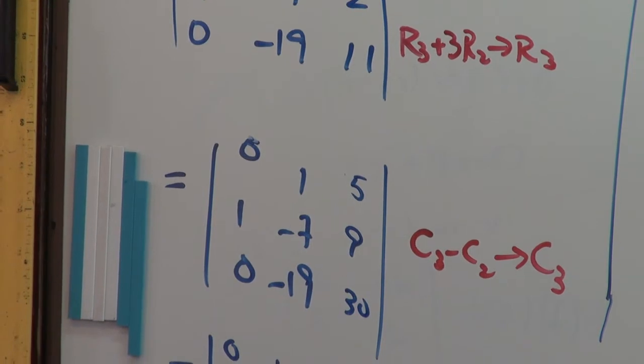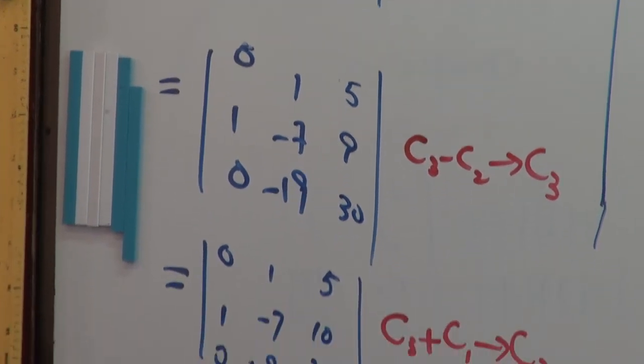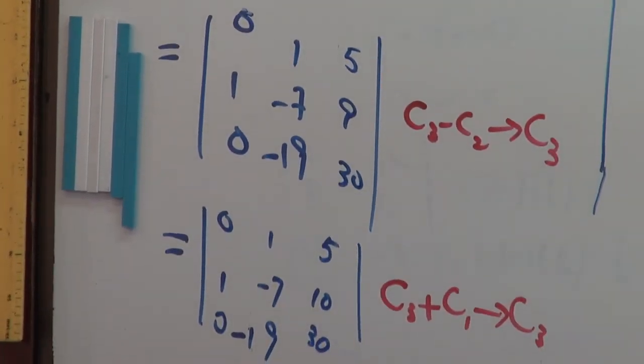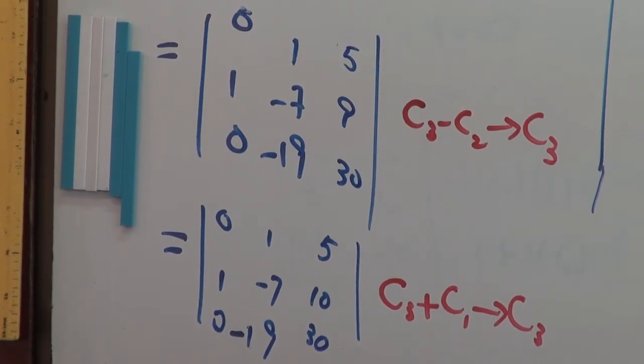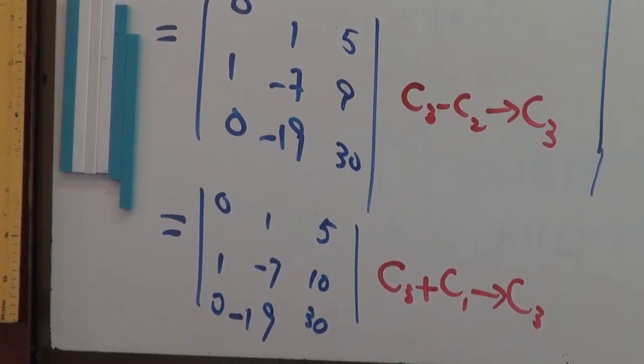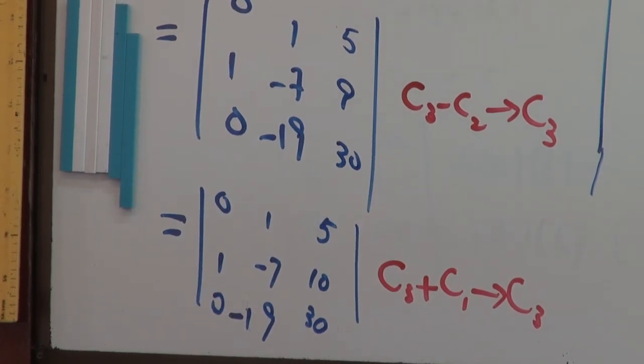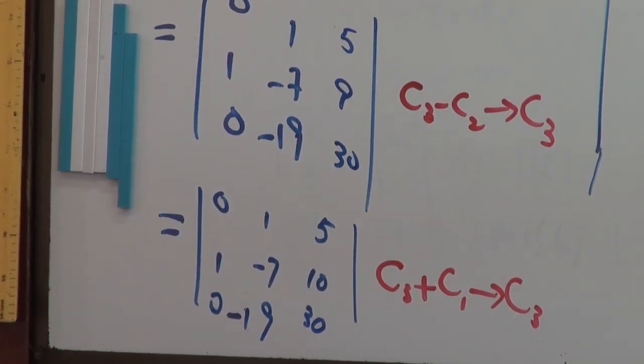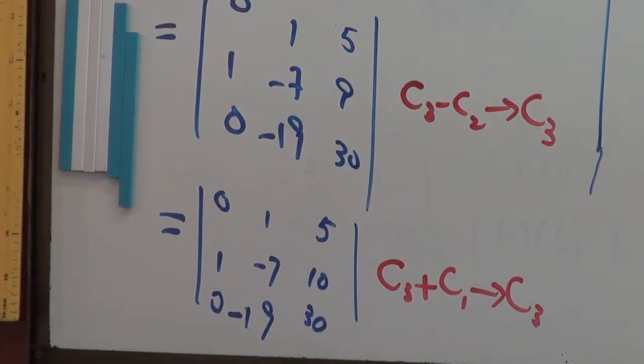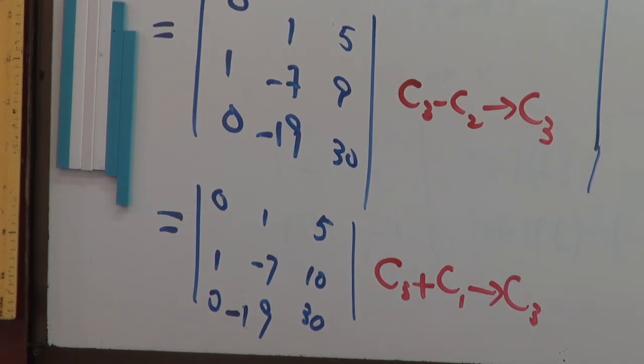No problem, we can do another column operation among the first and the third. So now you can see that 5 plus 0 is still 5. 30 plus 0 is still 30. And that's why the 2 original values divisible by 5 will not be affected.